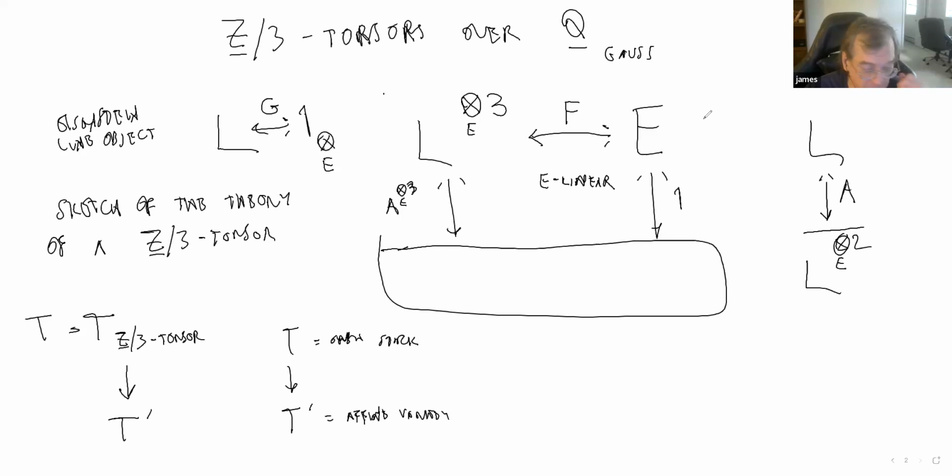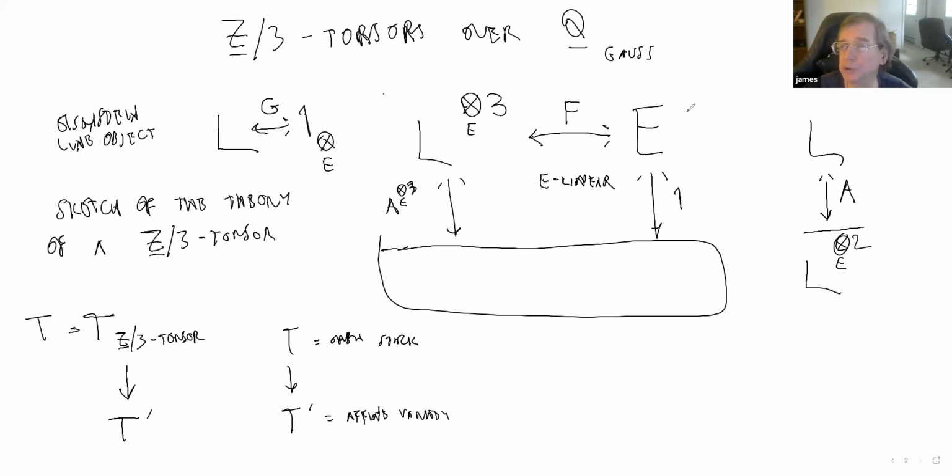So in fact, I think what this T prime is going to be as an affine variety, a point in this affine variety, is going to be a quantity, a number. Sorry, it's actually going to be an Eisenstein quantity.